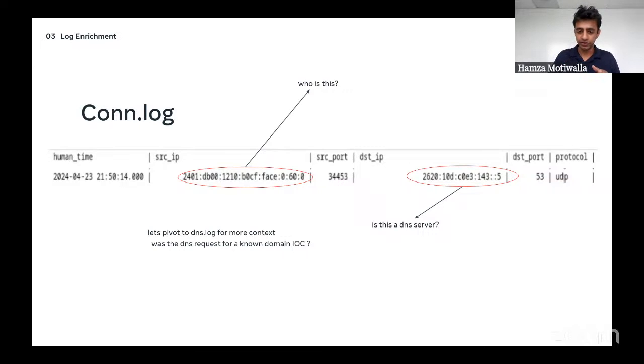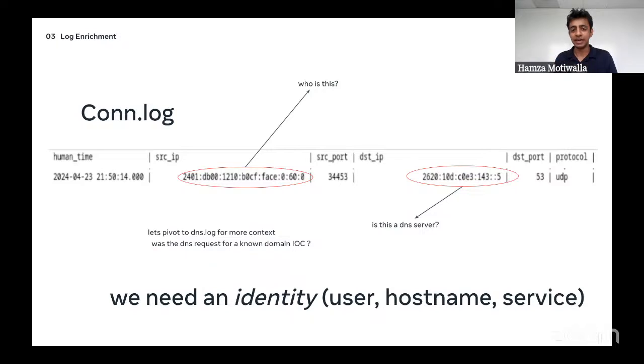But that's where the investigation stops, right? That's where the investigation needs a concept of identity, which means that all our Zeek logs, all our connection logs, all the IP addresses that we know are talking to each other need a concept of identity attached to them. And this is a very big effort, a massive project that our team took up: if you have this IP address, can you tell me which user, which hostname, which service was using this IP address?